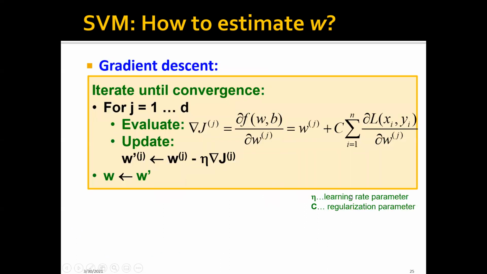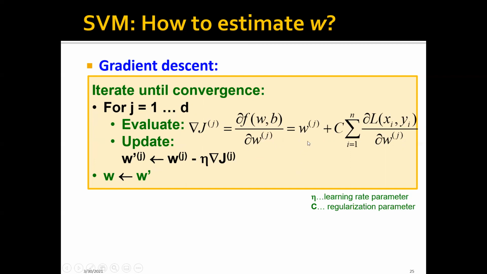To summarize, using gradient descent, we can have the following algorithm. We iterate the following steps until convergence. This is just a for loop where we loop over all the entries of the vector W. So in W, we have d dimensions. For each dimension, we evaluate the gradient of the objective function with regard to that specific entry.